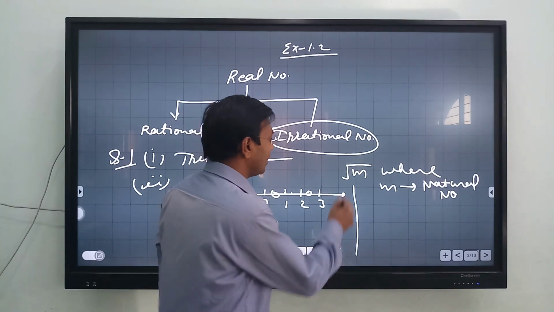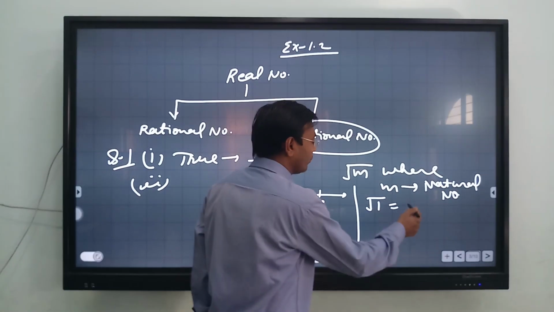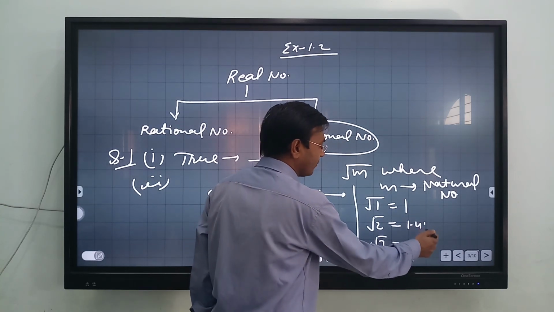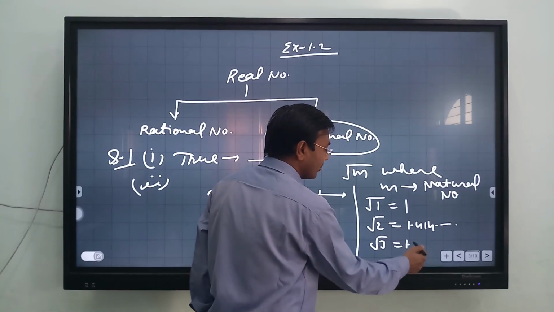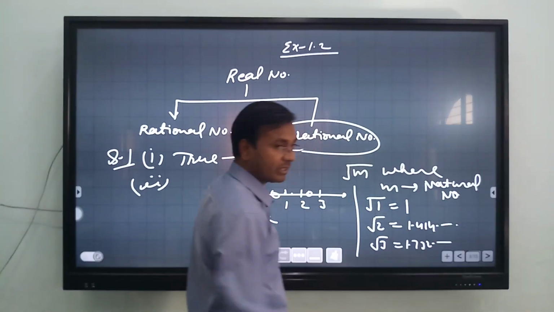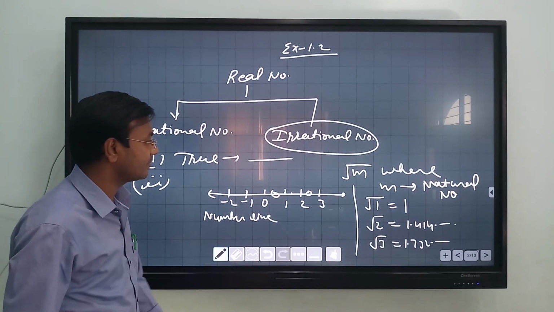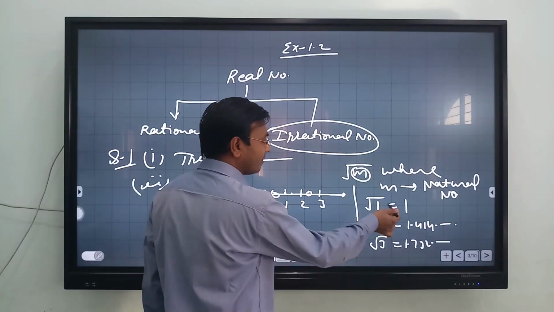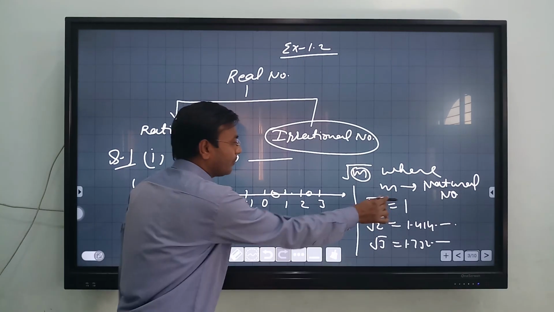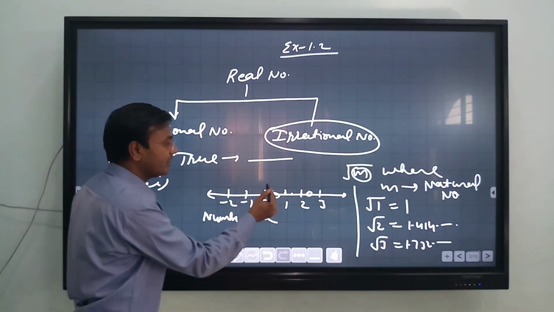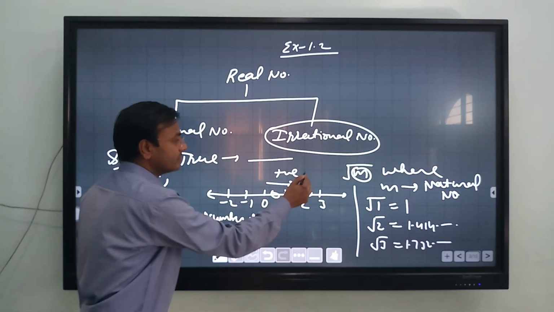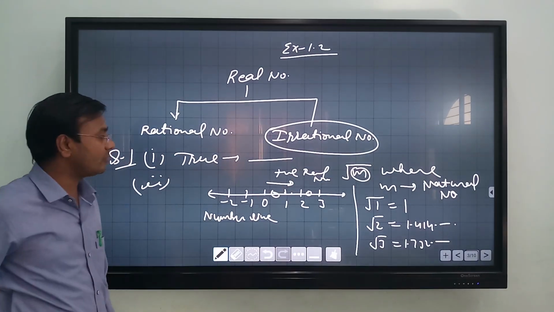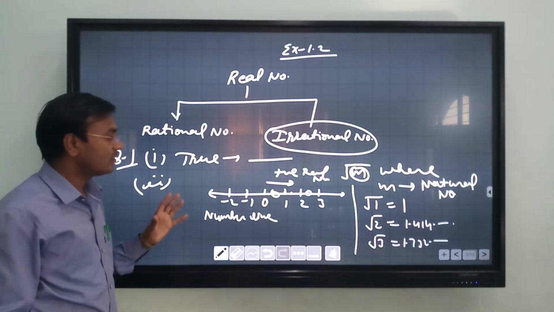If we write any natural number like under root 1, under root 2, under root 3 and so on, this is 1.414 something, similarly 1.732. I have written some of the values after decimal places. So now what we see, if you put any natural number here, we will have positive values, and positive real numbers can be shown on the right side of this number line. Clear?